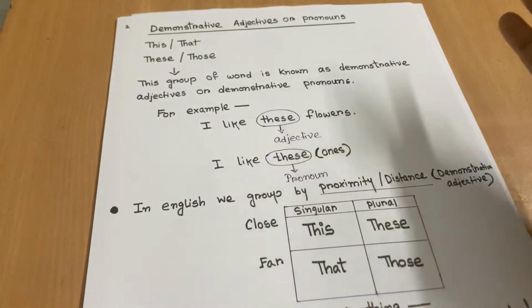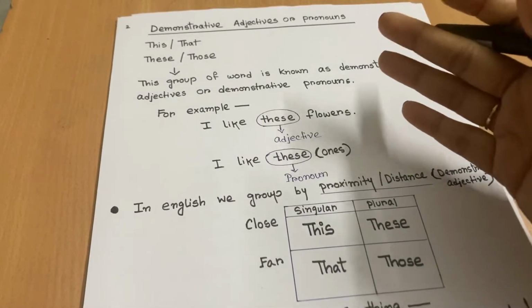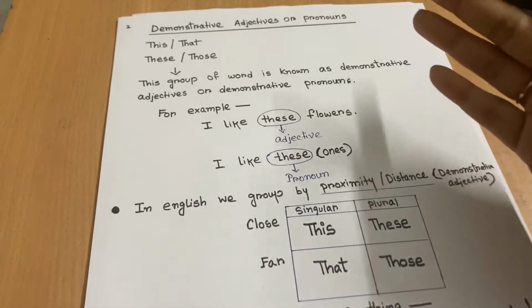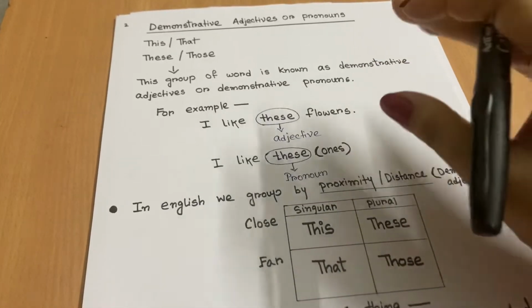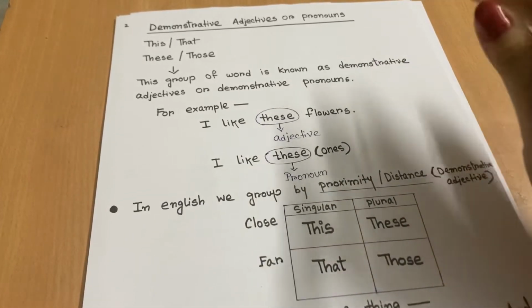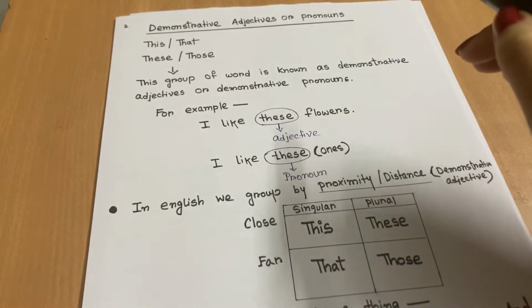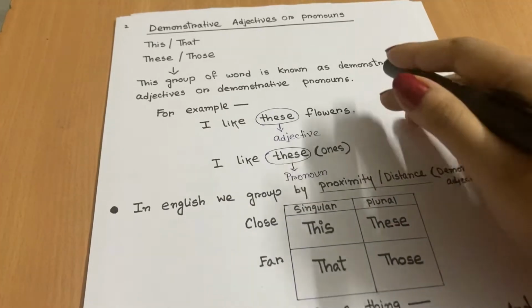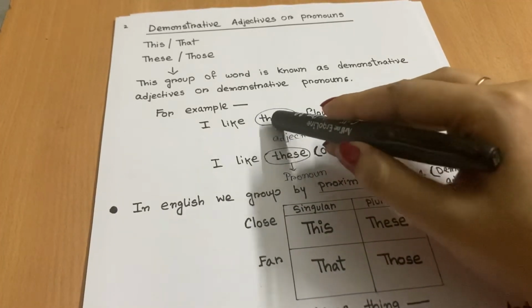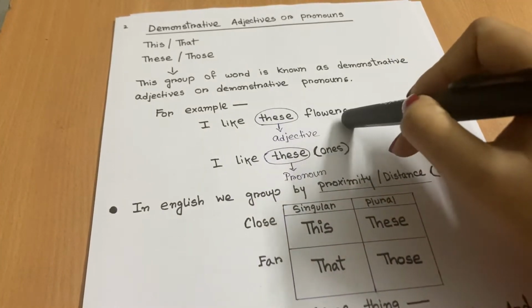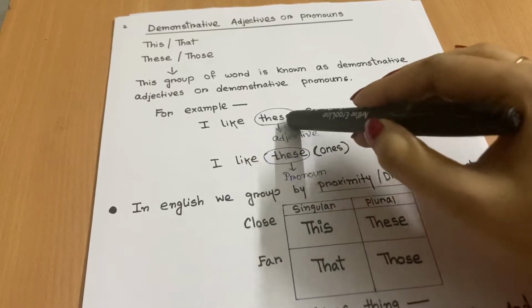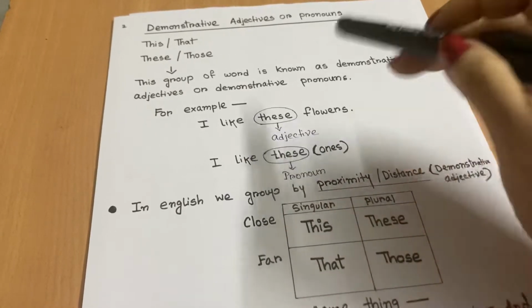There is a group of flowers, maybe roses, sunflowers, tulips. You point to a particular set of flowers, and if you say I like these flowers, then here these describes the flowers, so that time it is used as an adjective.